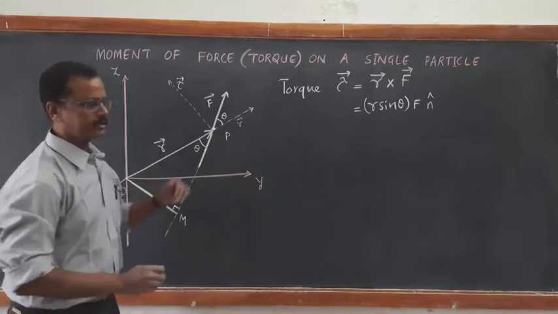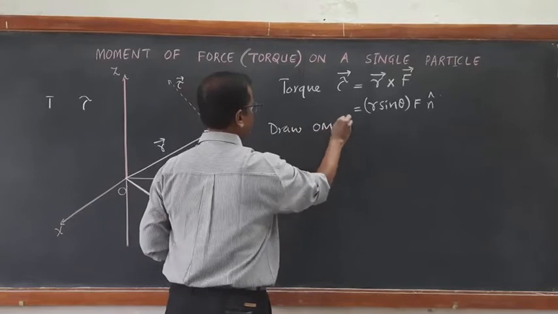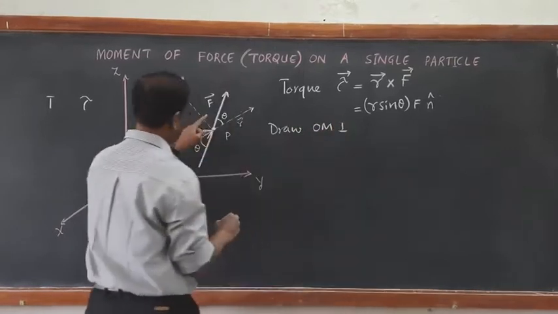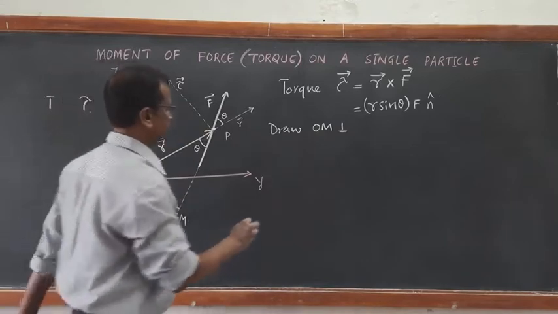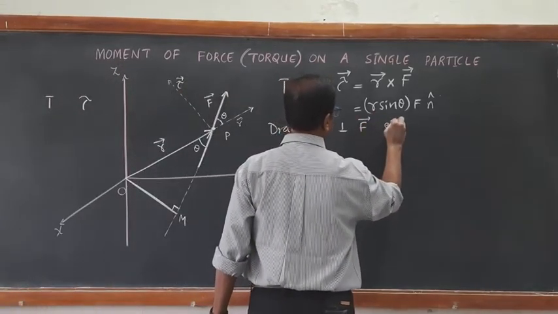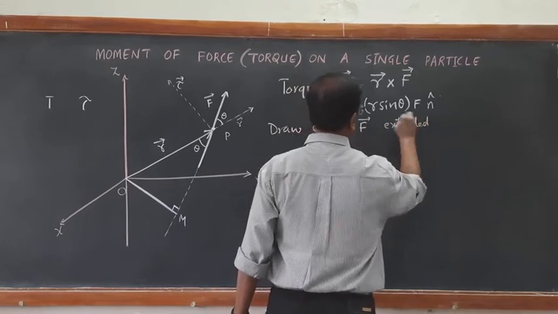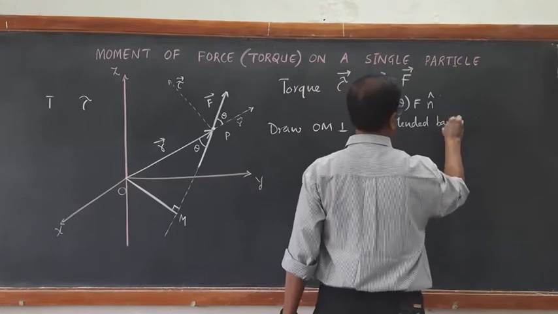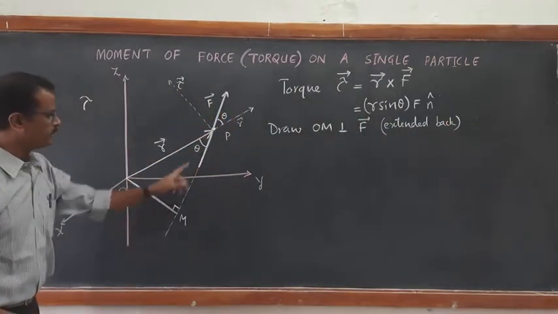Draw OM perpendicular to the force vector extended back. So that becomes the right angle triangle OMP.